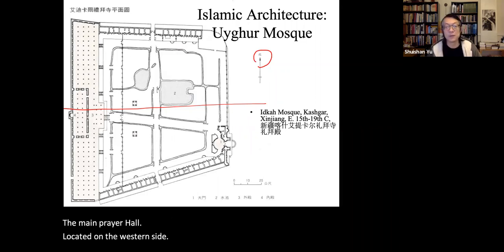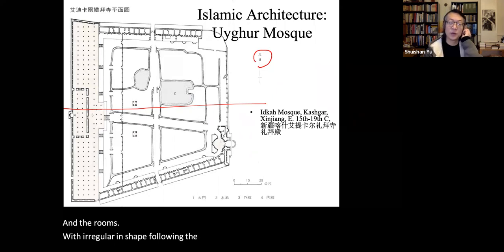of the courtyard, and the courtyard defined by a wall and rooms was irregular in shape, following the restriction of the urban area.